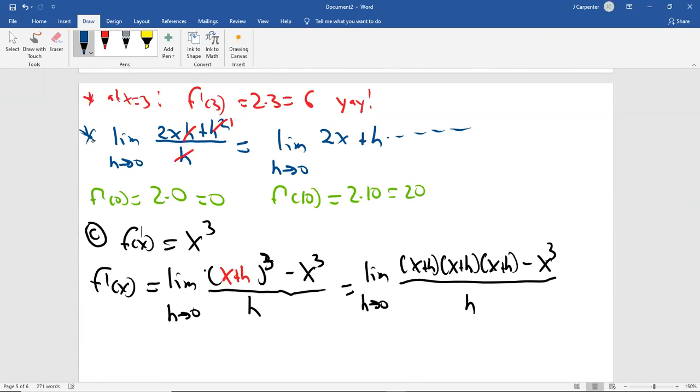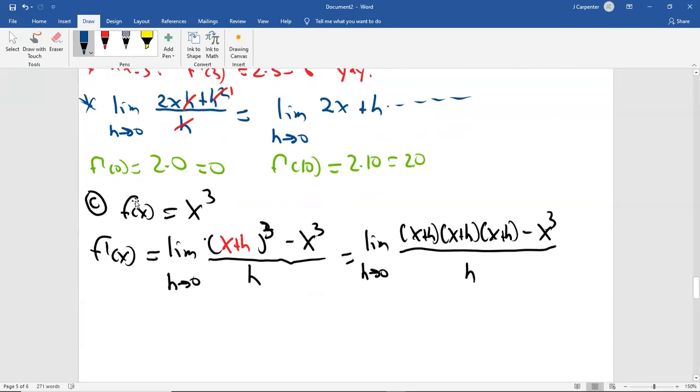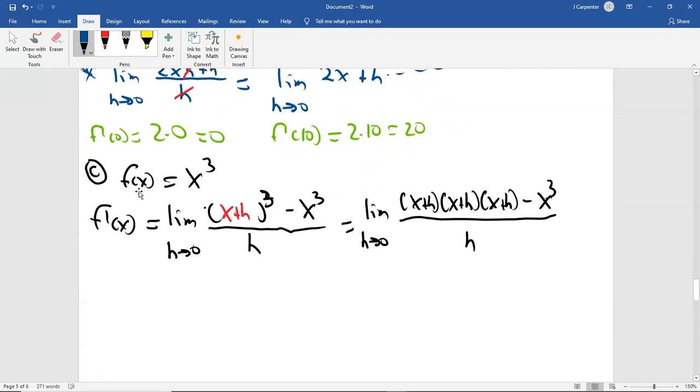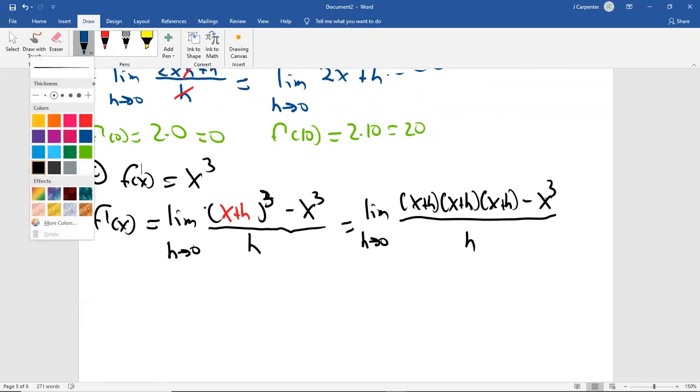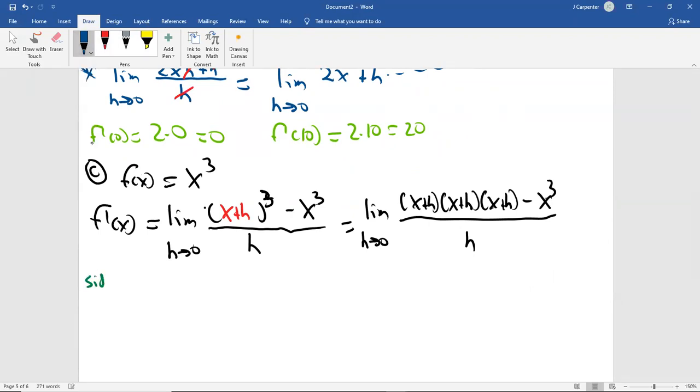So our goal ultimately is to get out of this, but for now, let's make sure we understand how it works by stepping it up in terms of complexity. So let's do some side work, and let's do all the side work in green. Okay, so side work. Let's just focus on the x plus h times x plus h times x plus h.